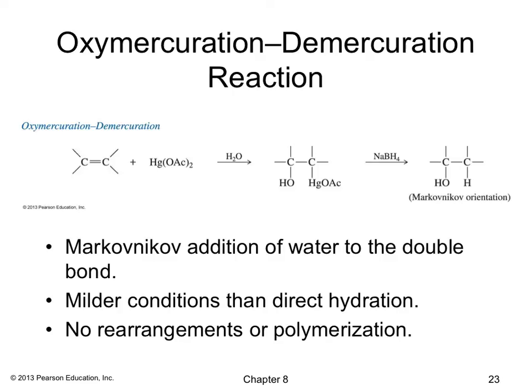The other important reaction is oxymercuration-demercuration. Here, in the presence of your alkene, mercuric acetate, and water, you have the addition of the mercuric acetate and OH occurring, and then in the presence of sodium borohydride, it'll replace the HgOAc with a hydride, and it'll add in the Markovnikov orientation.